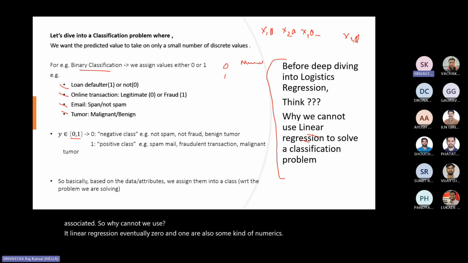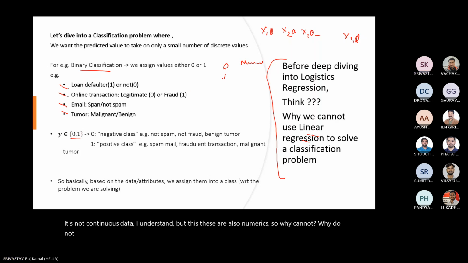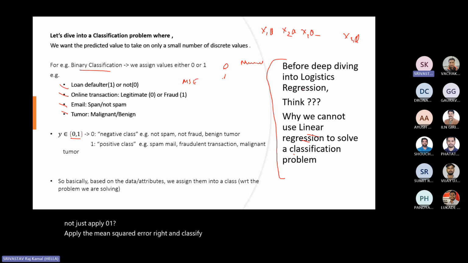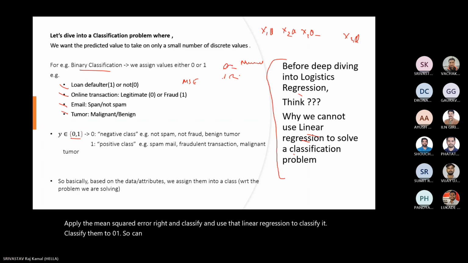It's not continuous data, I understand, but these are also numerics. So why not just apply 0 1, apply the mean squared error, and use that linear regression to classify them into 0 1? Can anyone take a minute and think?